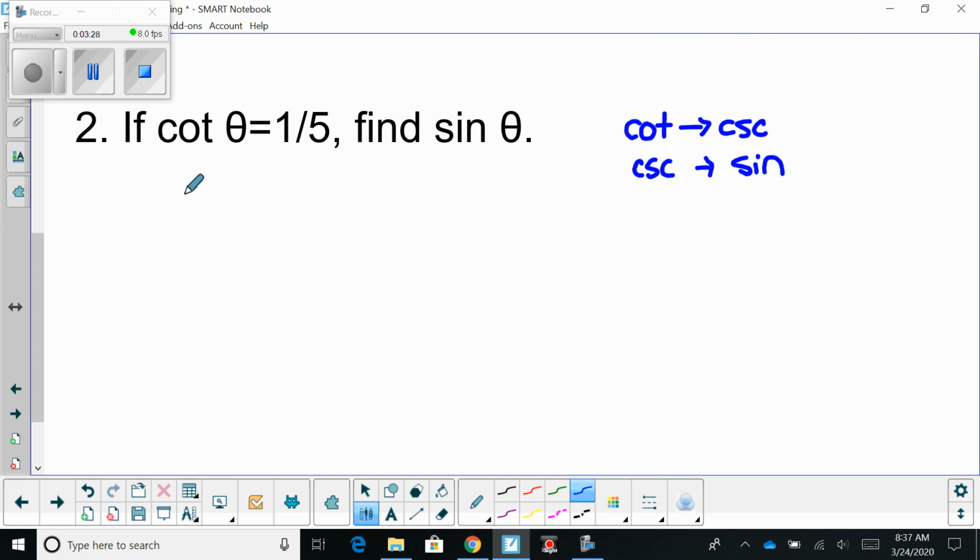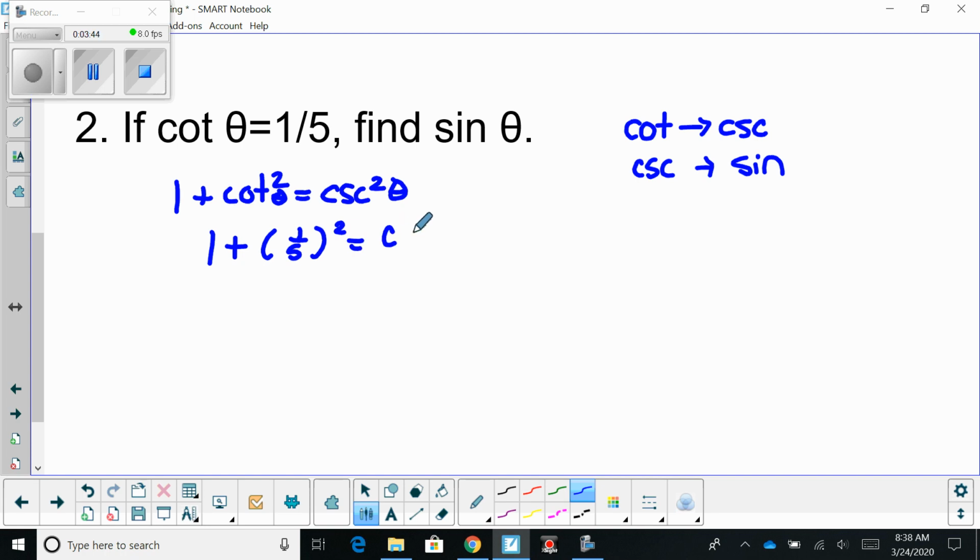That's going to look like 1 plus cotangent squared is equal to cosecant squared. Got my little angle variable. 1 plus 1/5 squared equals cosecant squared. 1 plus 1 squared is 1, 5 squared is 25.